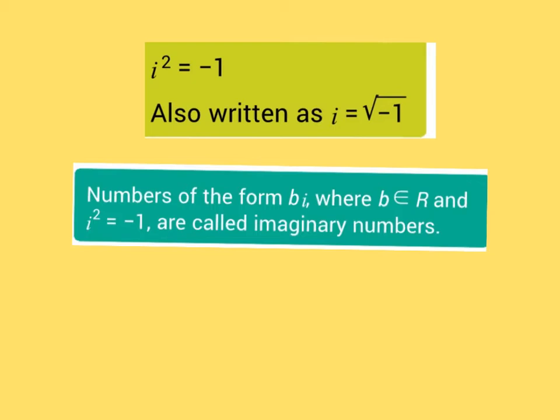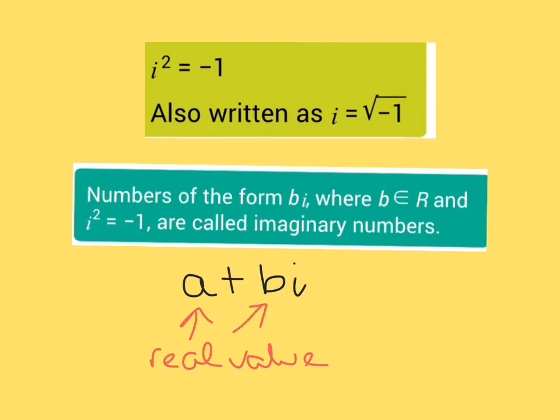First of all, we have a, which is the real value, an element of the real number system. And then we have this b, which may also take on a real value, and that's attached to an i. So a and b are our real values, but the i represents our imaginary number.